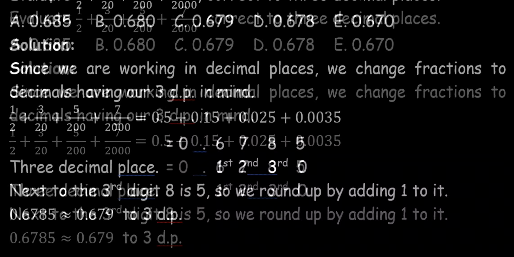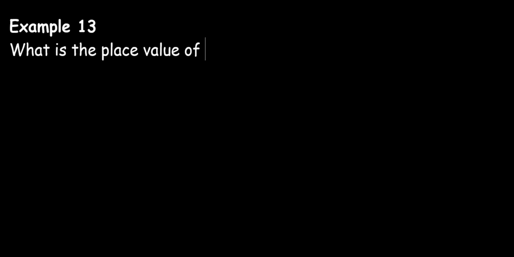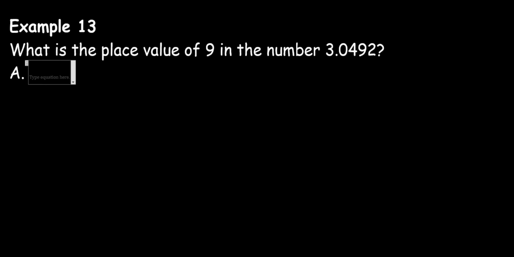Another example. What is the place value of 9 in the number 3.0492? A. 9 over 10,000. B. 9 over 1,000. C. 9 over 100. D. 9 over 10.